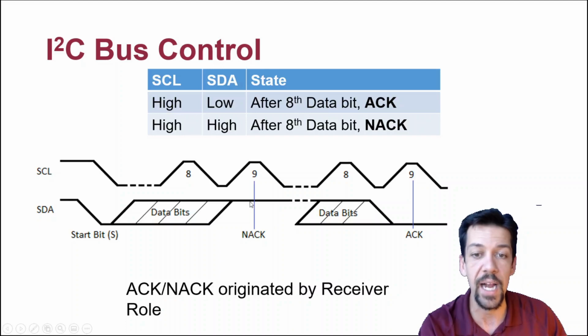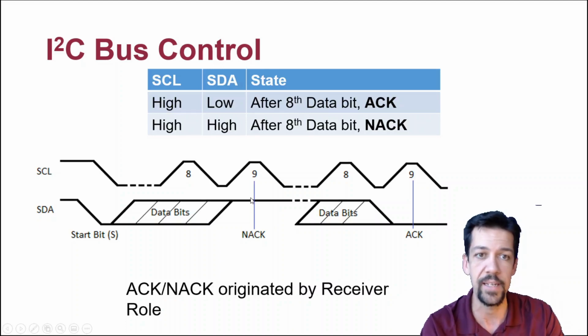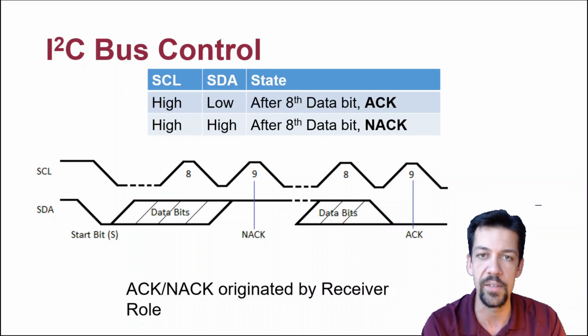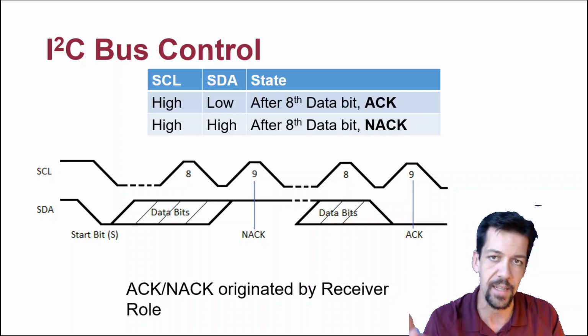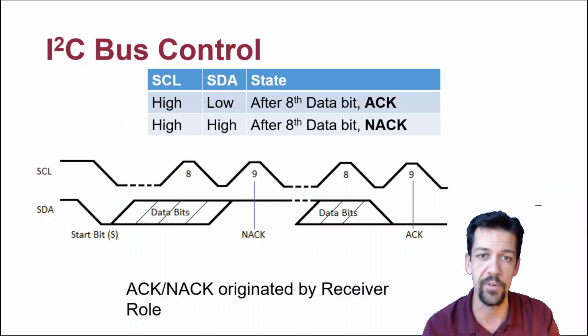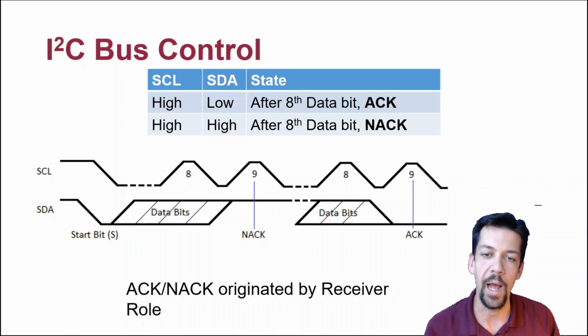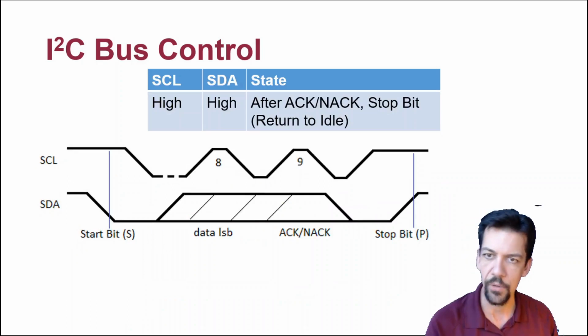If they leave it idle, that means either the device didn't hear it or it wasn't performing. Whoever is receiving the data, which may be the slave or the master, because it's bidirectional, has not responded. So it's a non-acknowledge, right? So if it stays idle, something has gone wrong, or it's the end of the transaction, right?